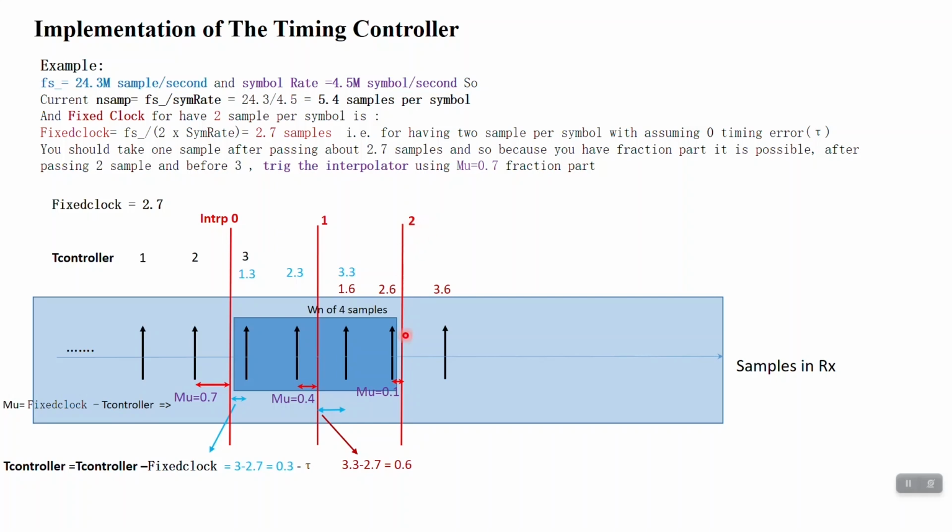The timing controller just needs to update: T controller equals T controller of previous minus the output of the loop filter, and close the loop.